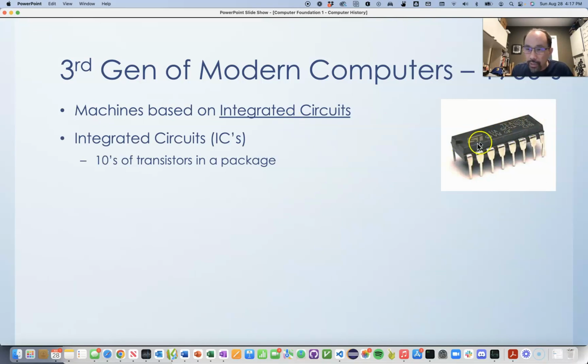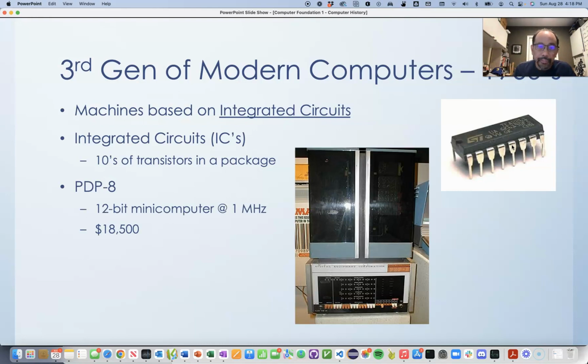So now this integrated circuit, this picture over here, is a device that's about 1 inch long and 1/4 inch wide, and inside of it are 10, 50, 100 different transistors. So this integrated circuit was able to hold many transistors inside. So again, basically what was going on was we were shrinking down the transistor into a smaller size so that we can do more stuff within less area.